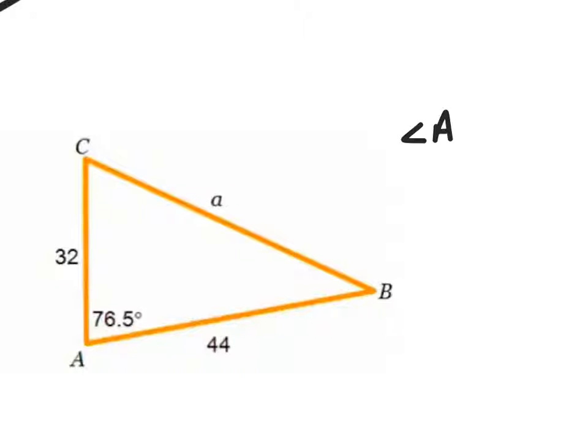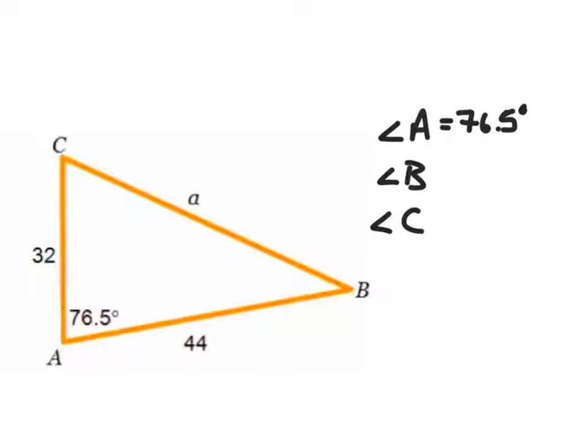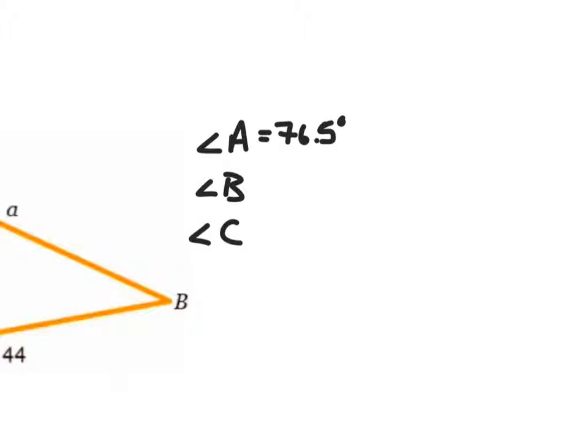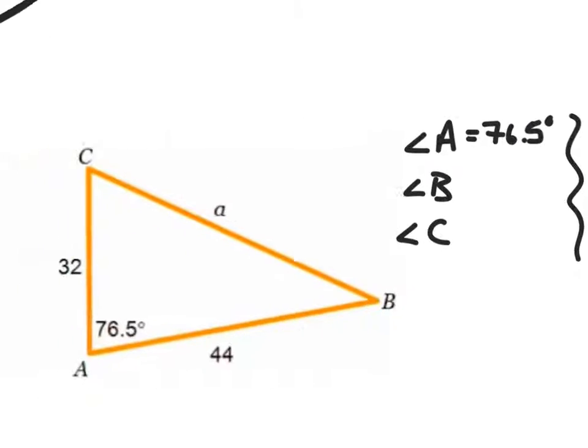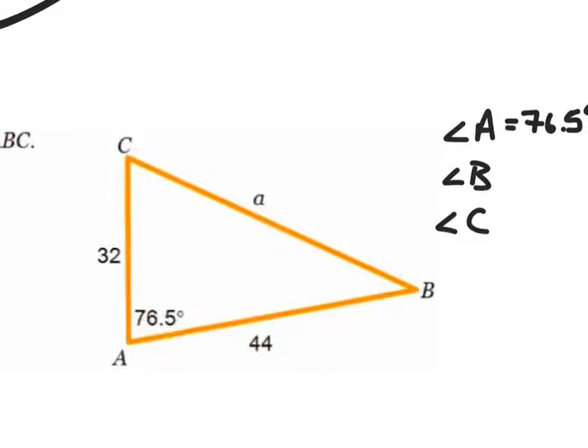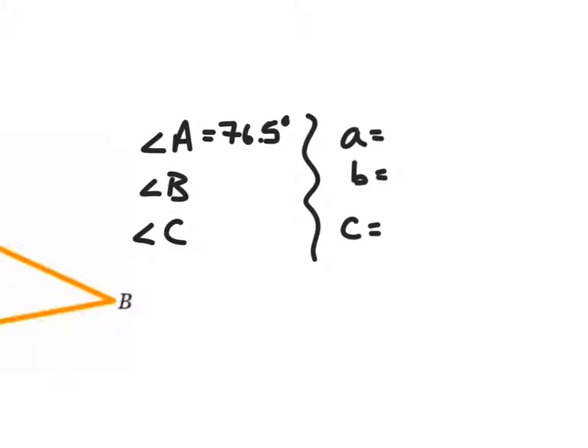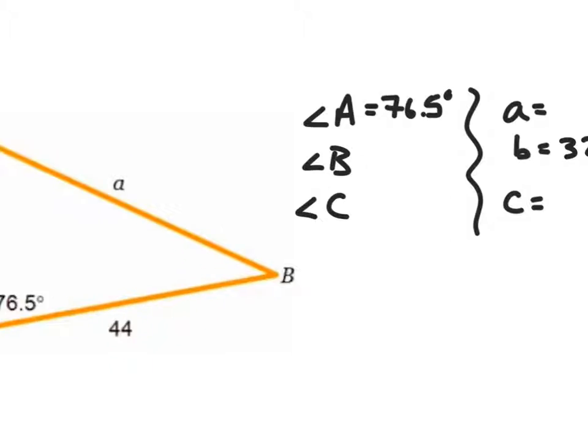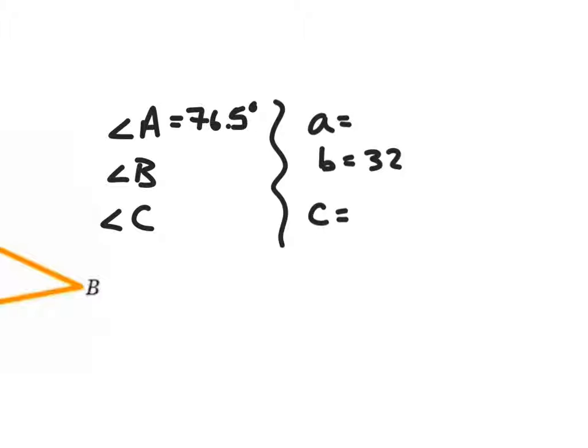We want to find angle A, angle B, and angle C. We already know angle A is 76.5 degrees. We want to find side lengths A, B, and C. Side length A we don't know, side length B is 32, and side length C is 44.